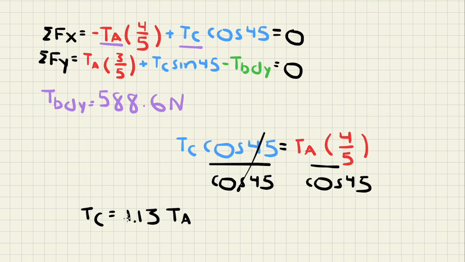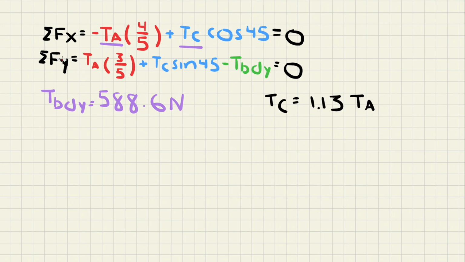So now that we have this, let's plug this into this equation and solve for all of our forces. In my FY equation, I'm going to plug in this new value for TC, so we only have one variable and we can solve for TA. So TA 3/5 plus, and we're not going to use TC here, we're going to use this value for TC.